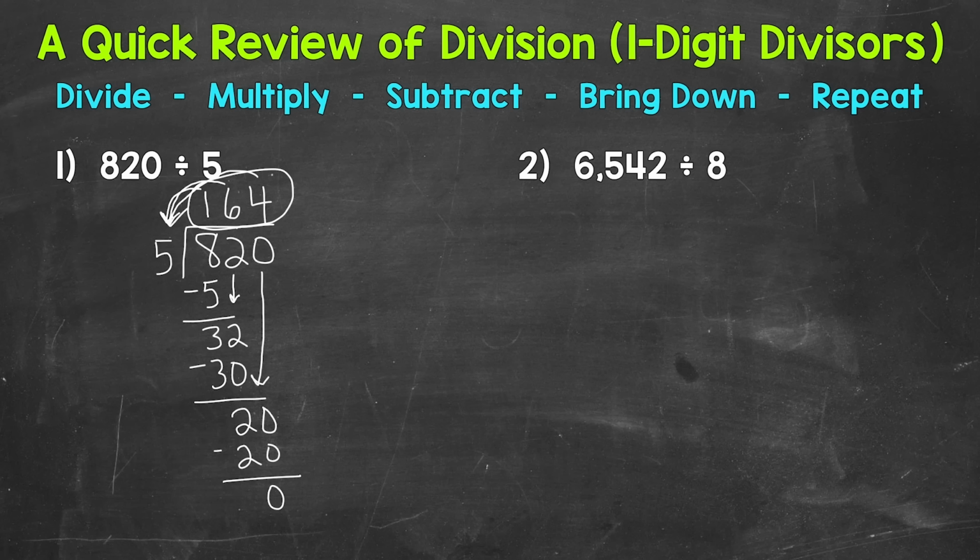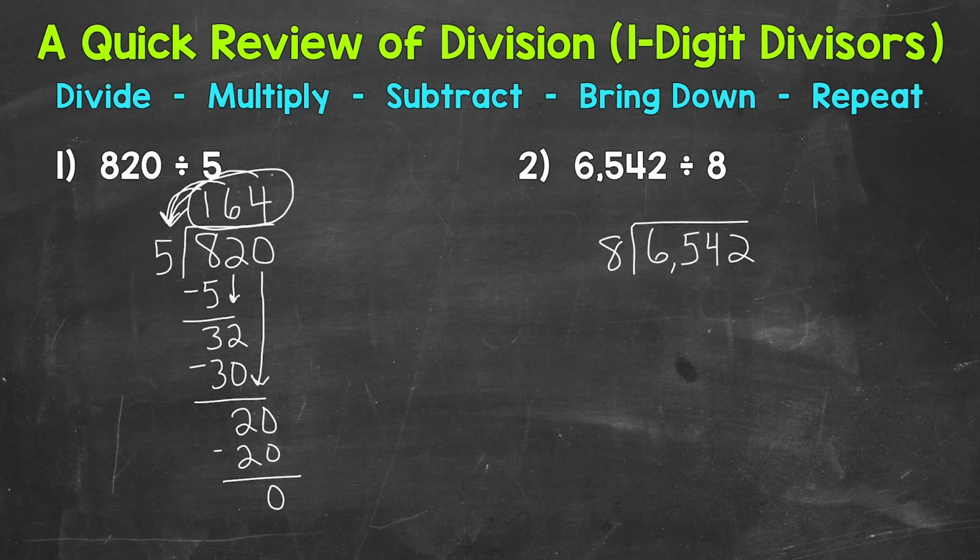Let's move on to number 2, where we have 6,542 divided by 8. So let's set this up. 6,542 divided by 8. We'll start with divide. We have 6 divided by 8. How many whole groups of 8 can we pull out of 6? Well, we can't do that.